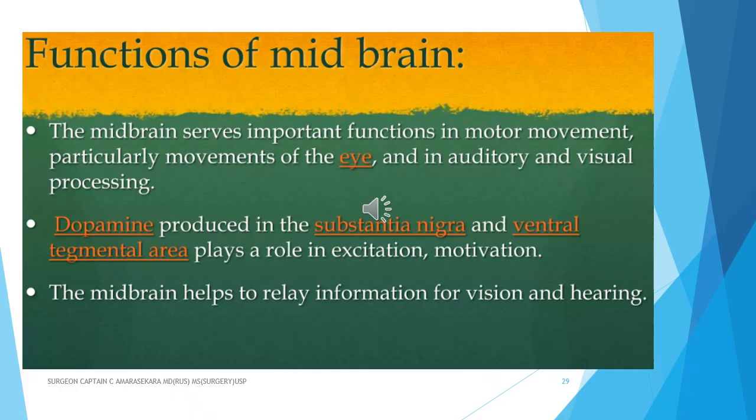The substantia nigra and ventral tegmental area, VTA, produce dopamine. Dopamine regulates motor control, reward, and motivation. Relay and regulation: the midbrain acts as a conduit for ascending sensory and descending motor tracts. It modulates arousal, sleep-wake cycles, and temperature regulation.